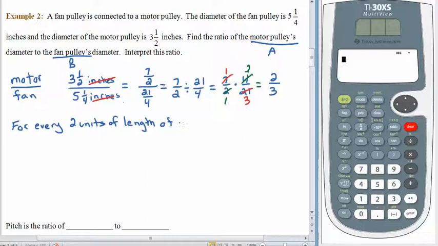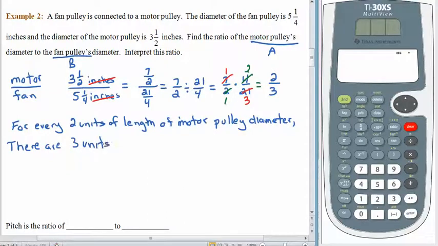That was the motor. Of motor pulley diameter, there are 3 units of length of fan pulley diameter.